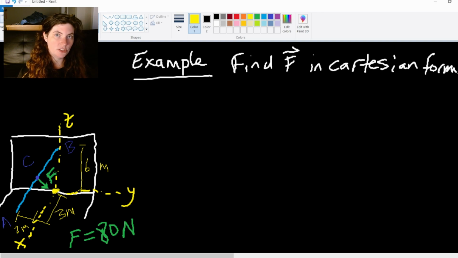So what we're going to need to do is find the position vectors for this, then use the unit vector, convert that position vector into a unit vector that gives us the direction of F, and then we'll multiply that unit vector by the magnitude of F, so that we can get this in Cartesian. So first things first, let's write out where all of our points are.